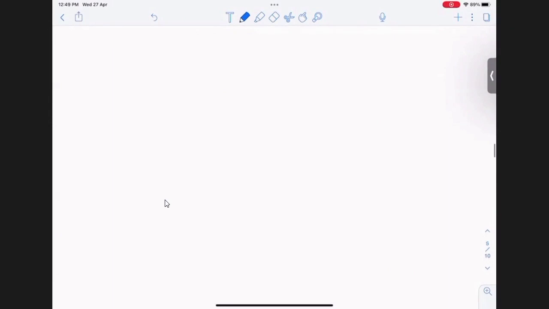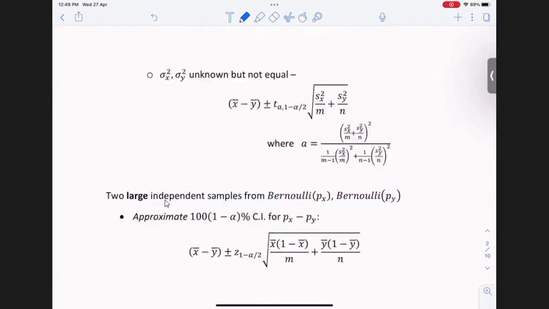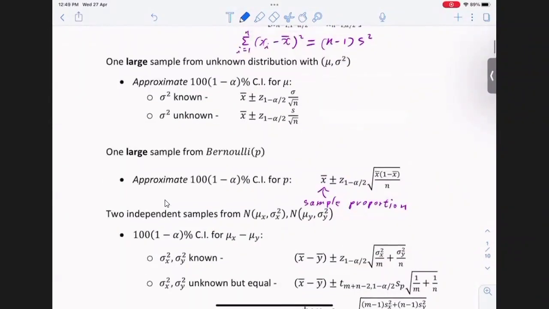For the proportion, we are given this formula. For a single sample with large sample size, the confidence interval for the population proportion is obtained by this formula, where what we need will be the sample size, the sample proportion, and also the normal quantile.